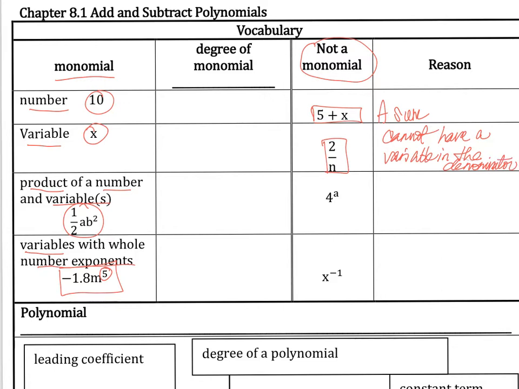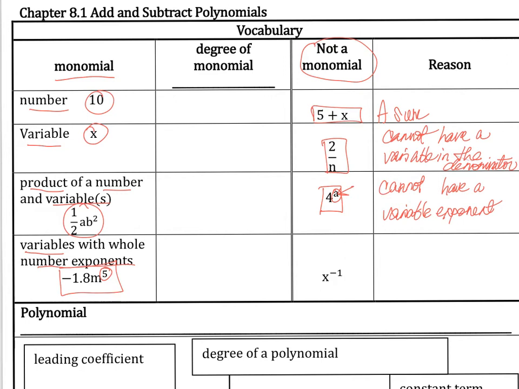And for the next example, 4 to the a power, this is not a monomial because you have a variable exponent. So you cannot have a variable exponent.